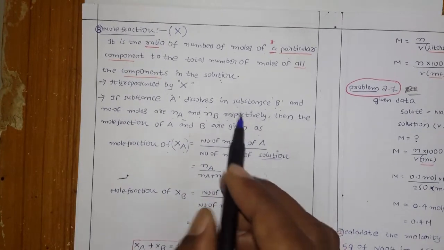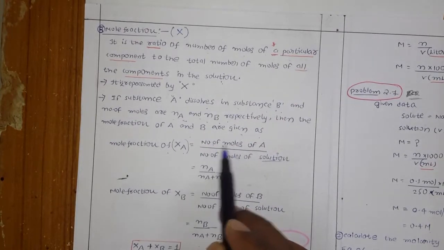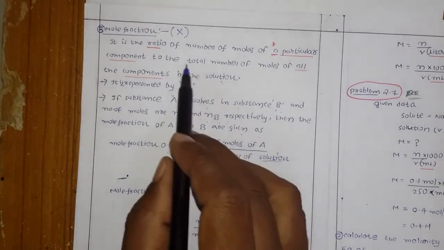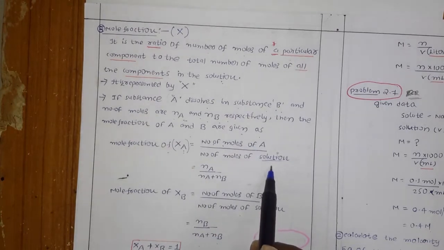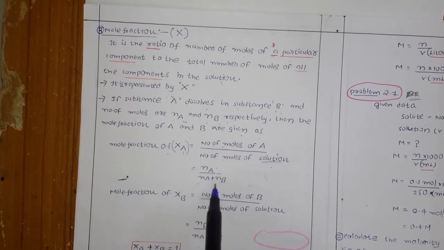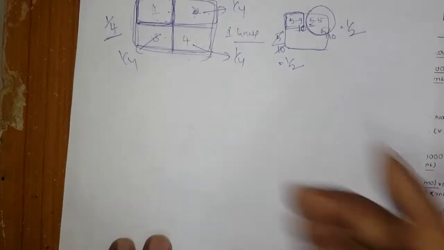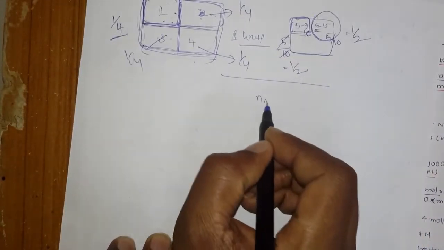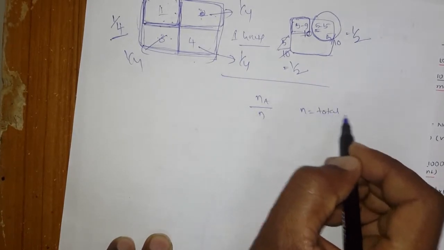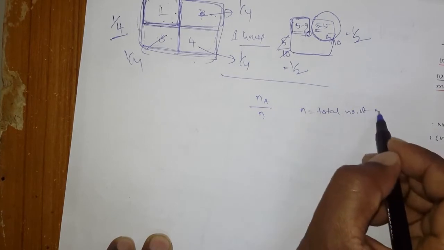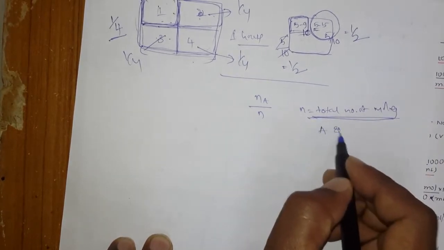That is the number of moles of that particular component, the number of moles of A, divided by the total number of moles of the solution. So Na divided by N, where N is the total number of moles.